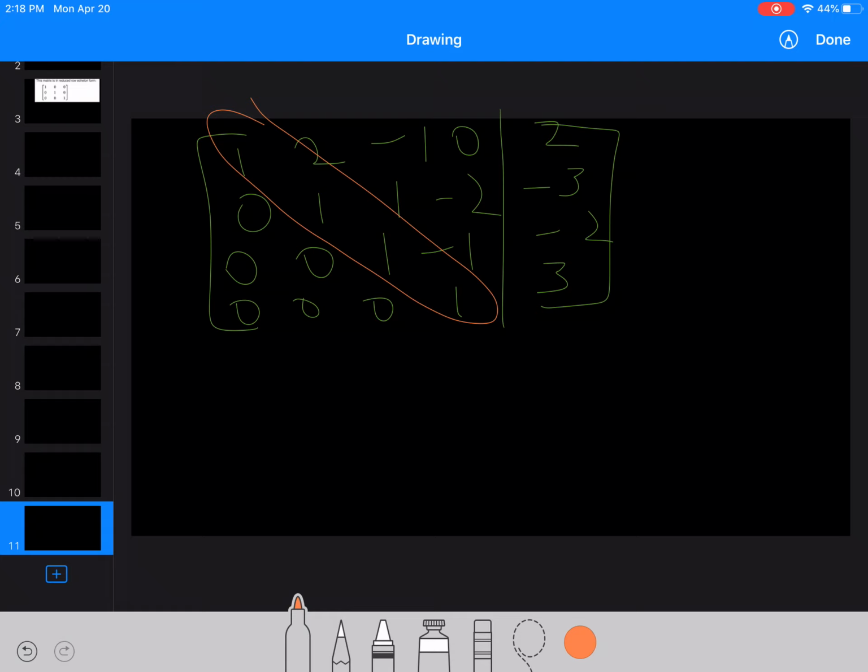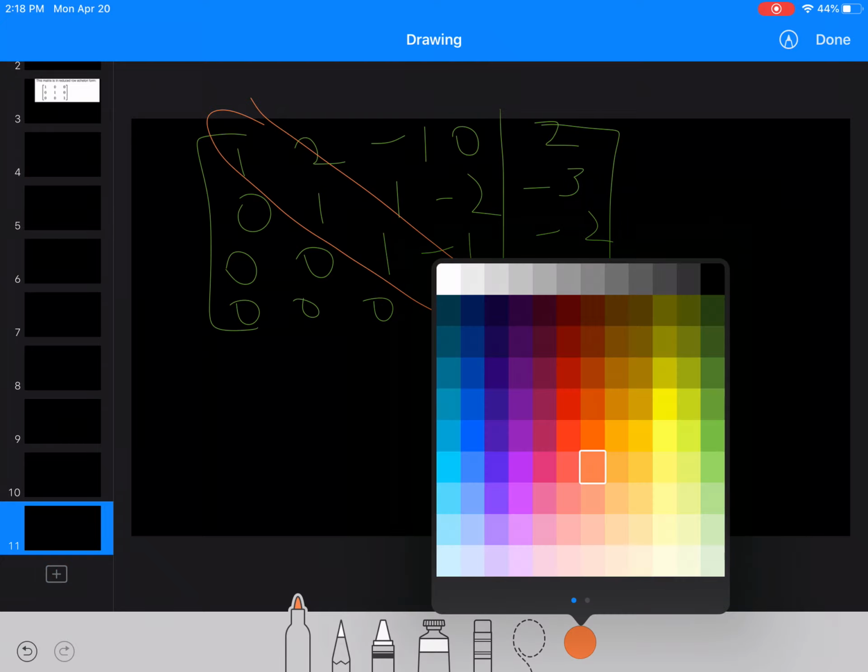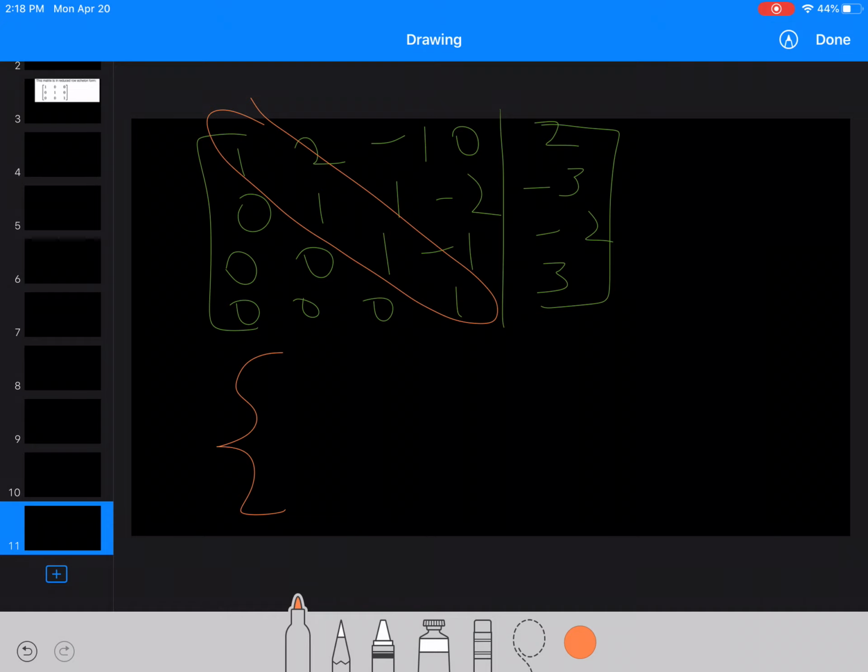All right, so let's write this back into the linear system. So I have x plus 2y minus z, and I'll leave a space there to show that there should be a place for that w there, equals 2.